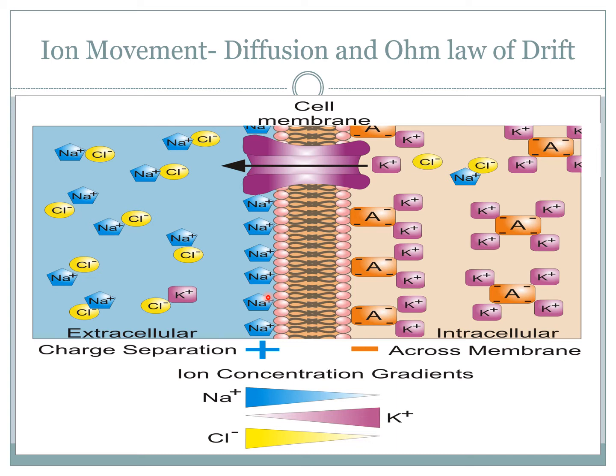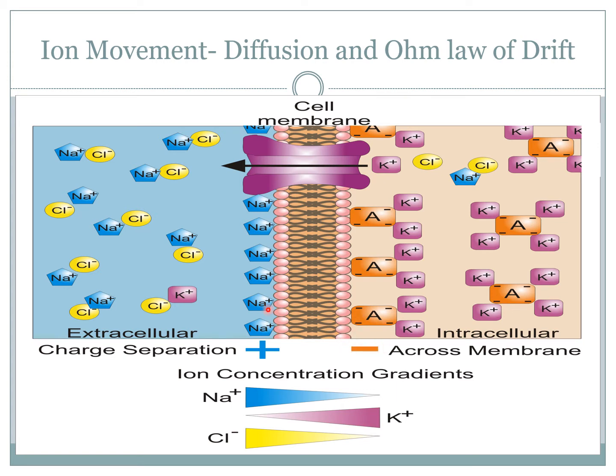So when we look at Ohm's law of drift, what that states is that ions will be drawn to areas of their opposing charge. If inside the cell you have a whole bunch of cations, and therefore outside of the cell is relatively negatively charged, then Ohm's law of drift is going to pull those positive ions to that area.